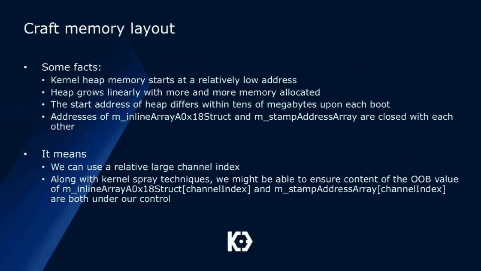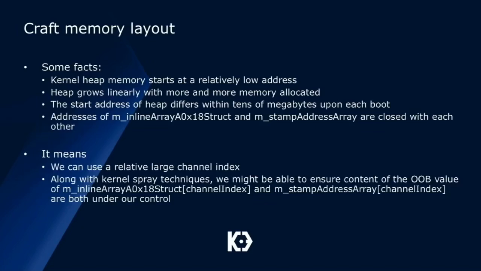To exploit this bug, the memory layouting is a key factor. Before doing that, we need to understand some facts. The first fact is that kernel heap memory starts at a relatively low address, and the heap can grow linearly with more and more memory allocated. The start address of the heap differs within tens of megabytes upon each boot.